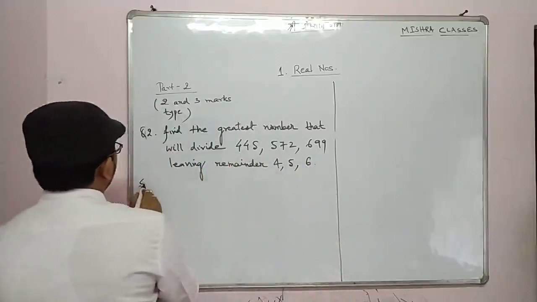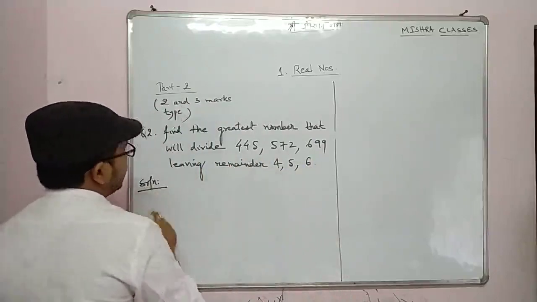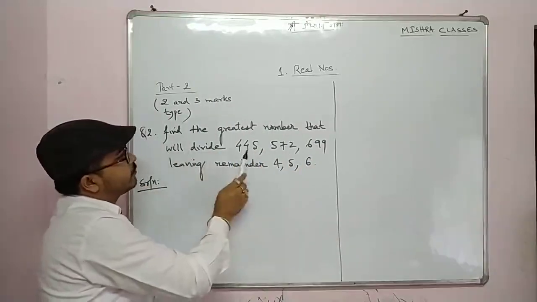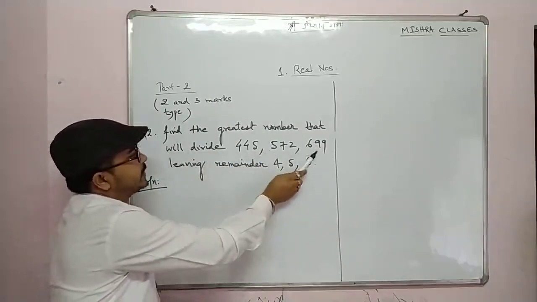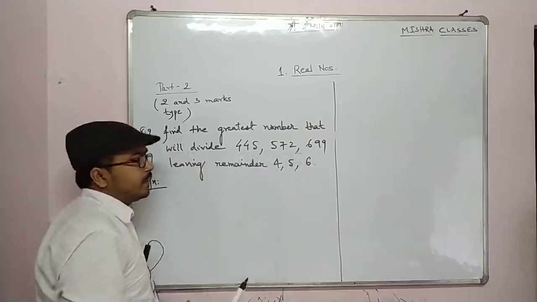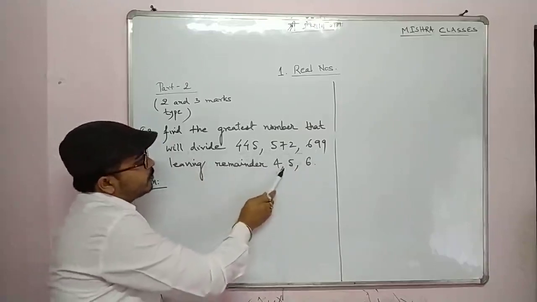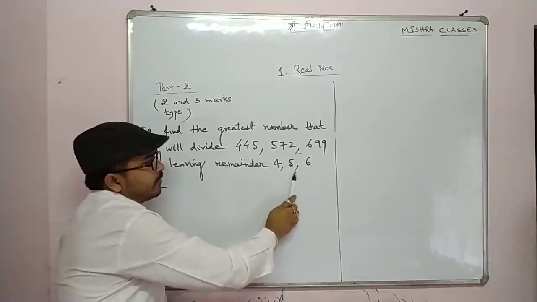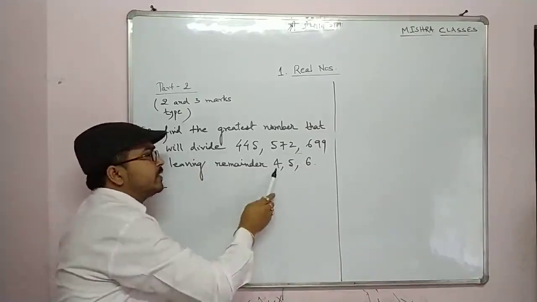Alright, so how do we do this question? Find the greatest number that will divide 445, 572, 699 at the same time, leaving remainders 4, 5, 6. That means these are the extra things. When we divide with that number, these are the remainders.